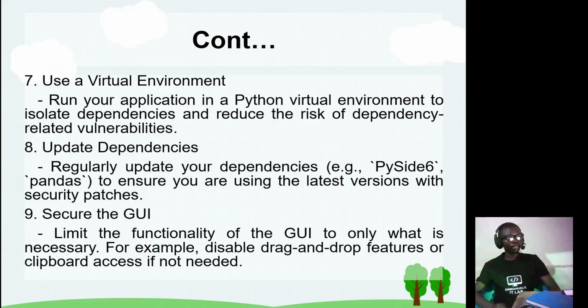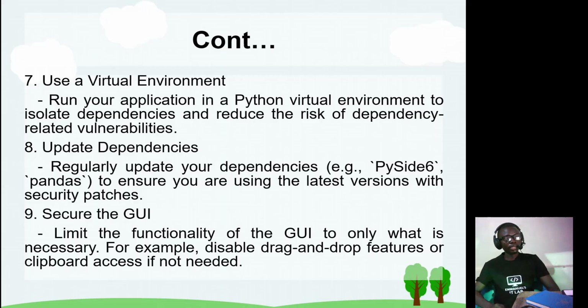Update dependencies. There are some dependencies which have been deprecated, whereby the developers are no longer maintaining them. So always update and download new ones. Secure the graphical user interface by limiting its functionality to only what is necessary.